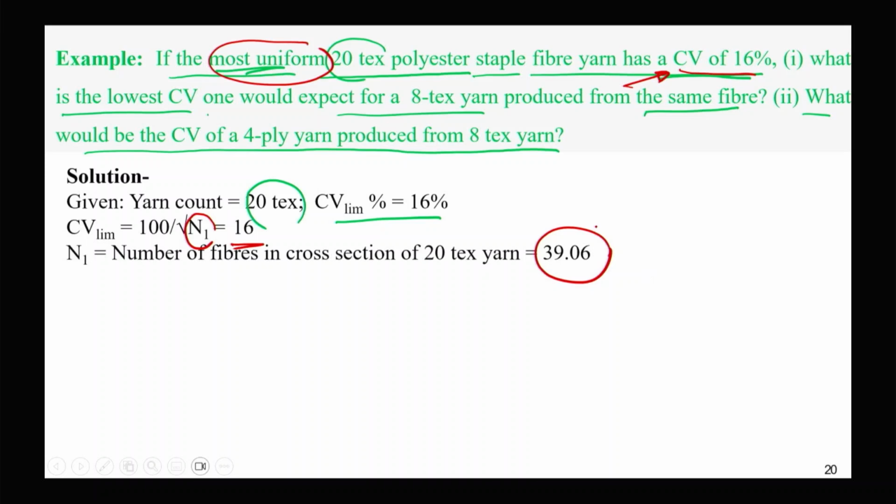From there we can calculate the tex of fiber. So 20 tex is the yarn tex, and fiber tex is 20 by number of fibers.